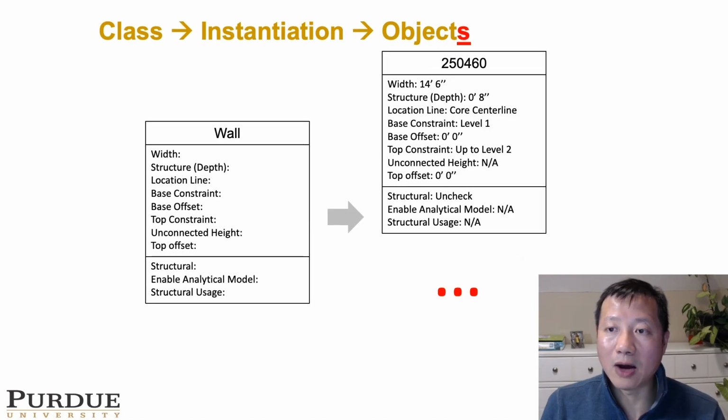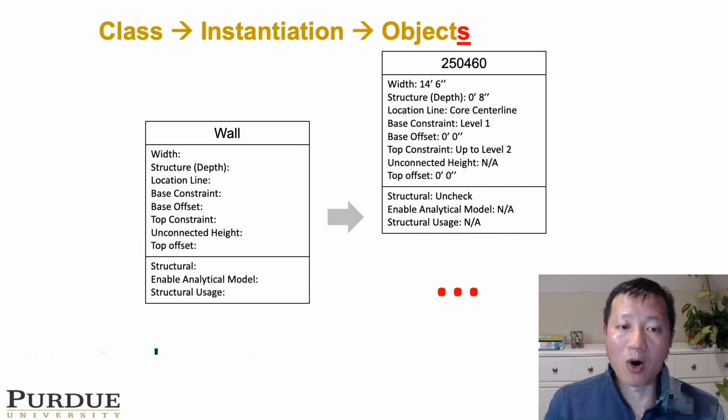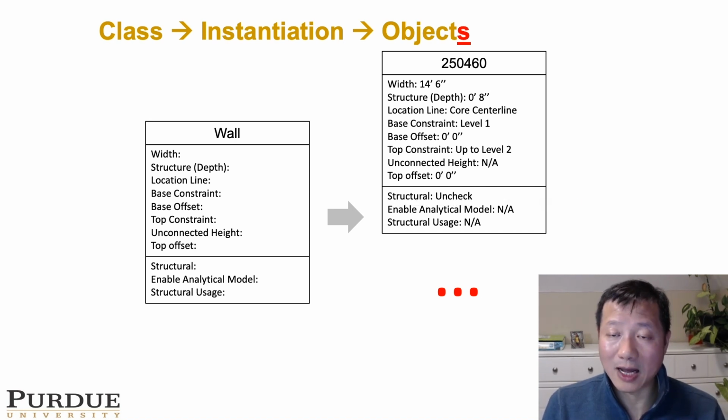Now, the process can be reversed, which means now if you have a class designed, let's say you have a wall class, and it gives you a list of attributes and their behavioral functions, you can use this design to create as many objects as you want to.